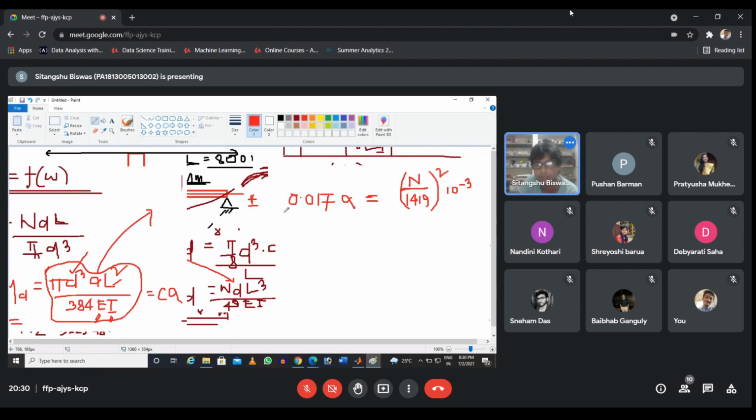This deflection you also calculated in mm only, na? Yes, sir. So it is 1 minus n by 1419 square. So it will come something like this.